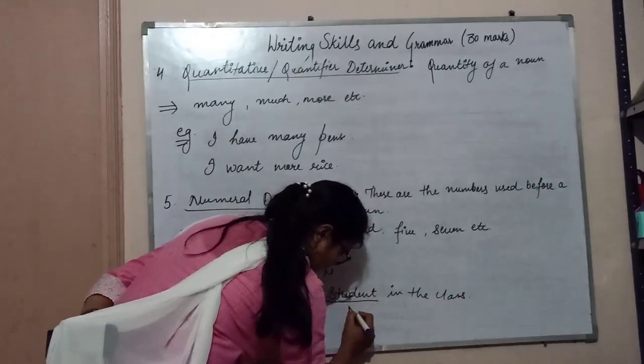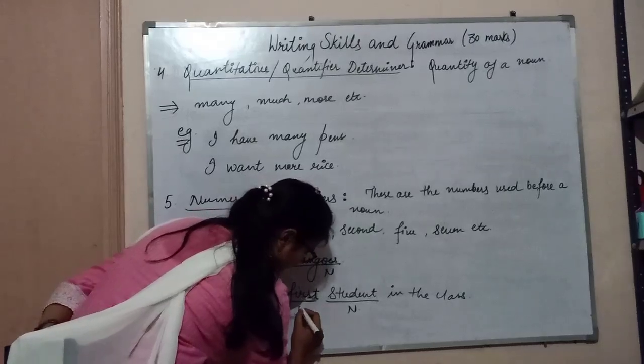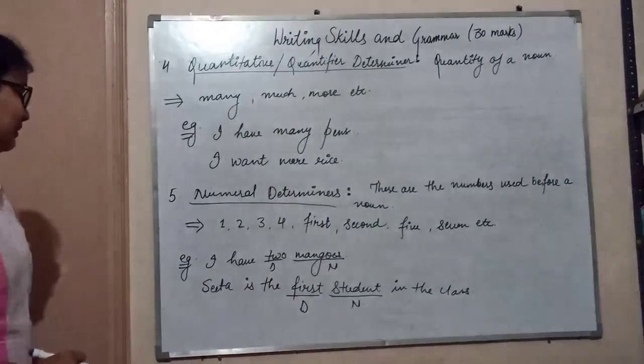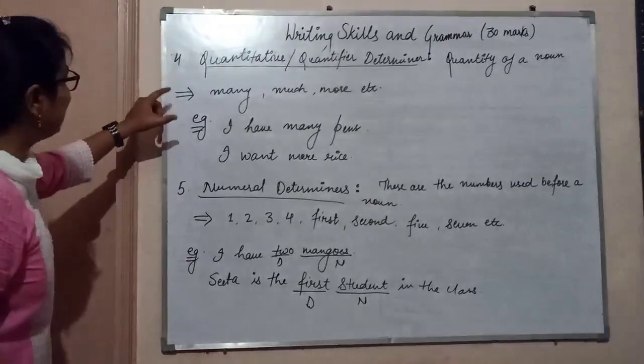Student here is a noun and first here is a determiner. So we have seen our 5.